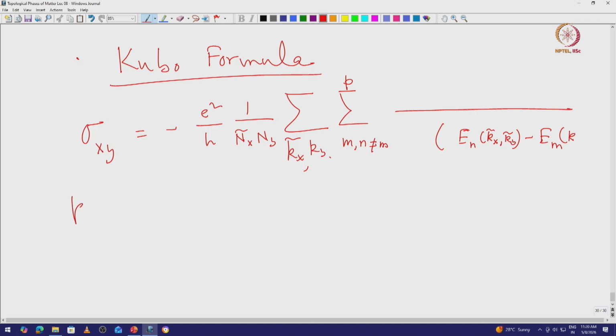So let me introduce K. This is the numerator.